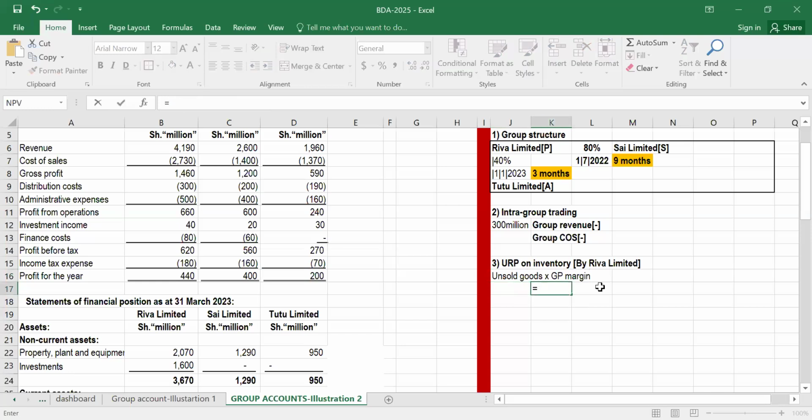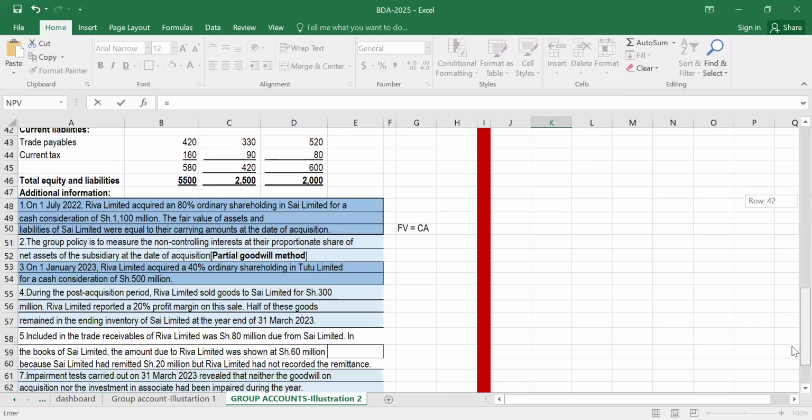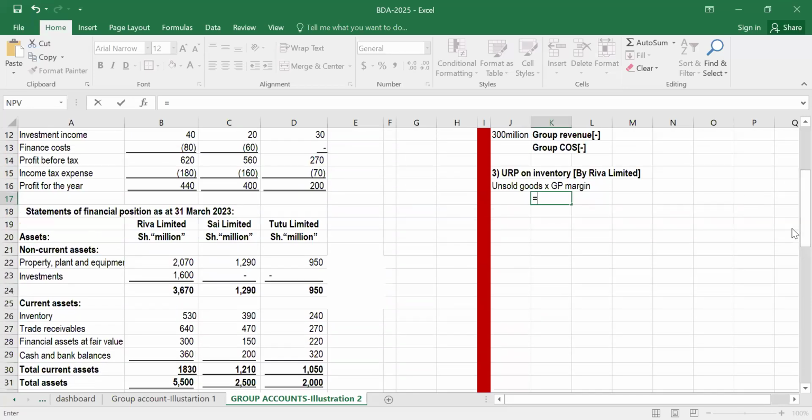The goods not yet sold, in our case we are told should be half. Is that the case? Yes, half. Half of what? Half of the goods which were sold. We know the sales were 300 million.